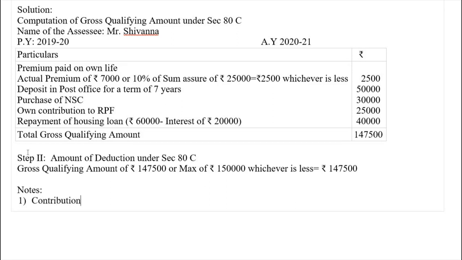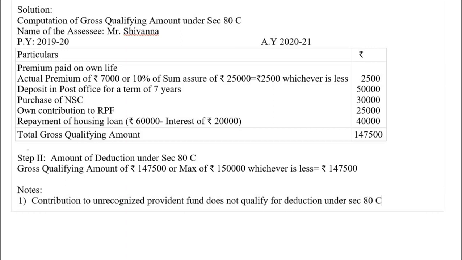Then the notes. Number 1, contribution to unrecognized provident fund does not qualify for the deduction under section 80C. Then similarly, premium paid on the life of brothers does not qualify for deduction.